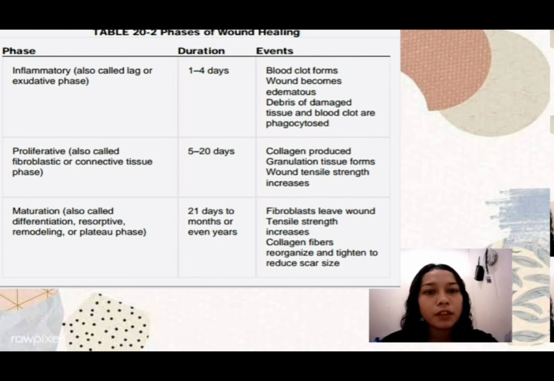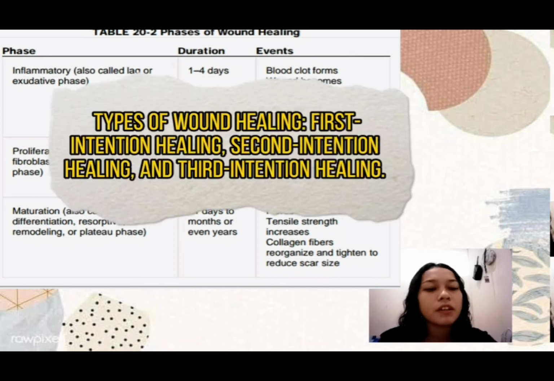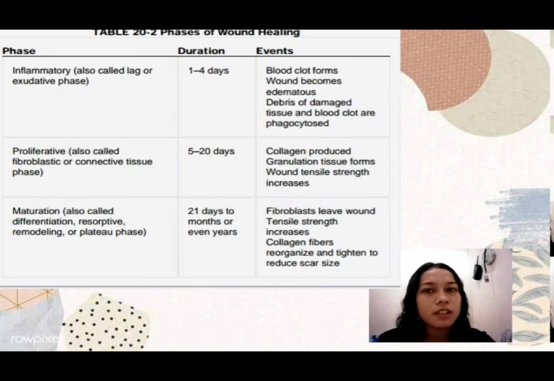Then we have the proliferation phase, also called the fibroblastic or connective tissue phase, and the duration is 5 to 20 days. And last is the maturation phase, also called the differentiation, resorptive remodeling, or plateau phase. The duration is 21 days, 2 months, or even years.